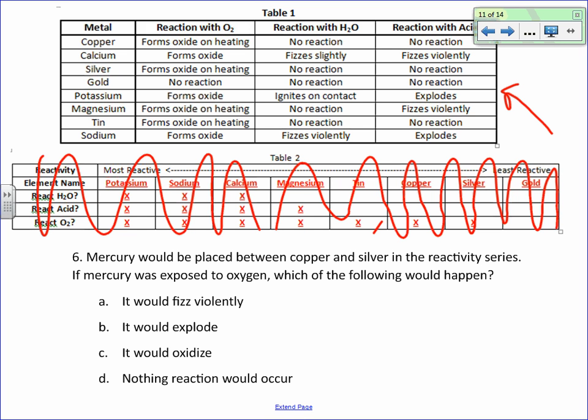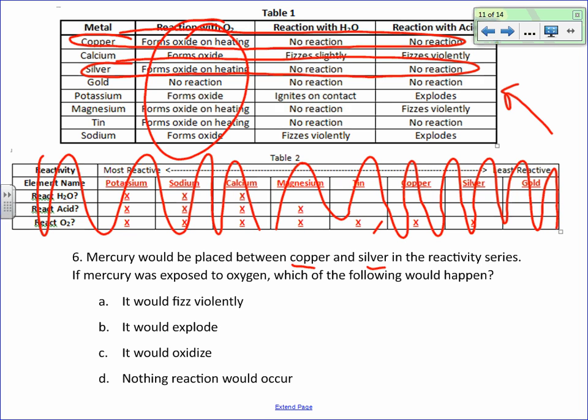So if we take a look, we see mercury would be placed between copper and silver in the reactivity series. If mercury was exposed to oxygen, what would happen? All right, so in this case, we're looking for copper and silver. The question says, if it were exposed to oxygen, what would happen?